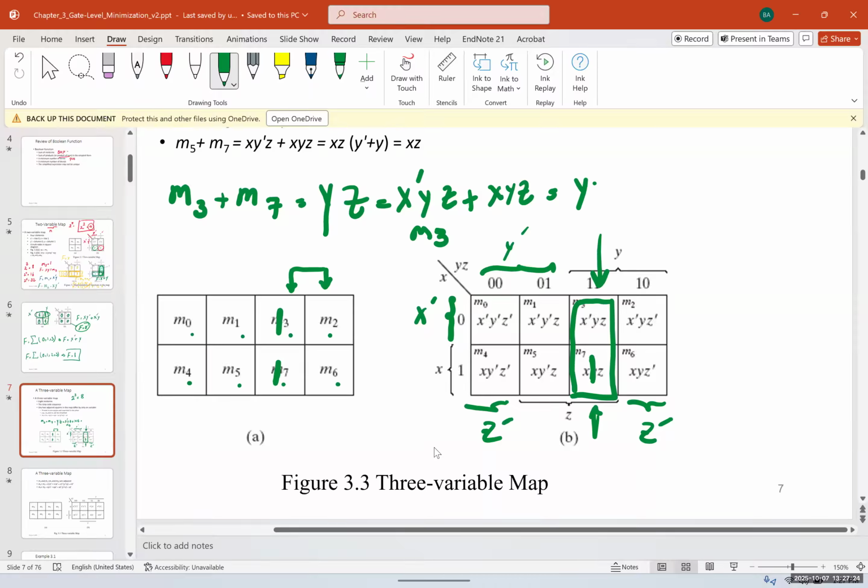It's going to be Y Z times (X prime plus X). X prime plus X is equal to 1, and Y Z multiplied by 1 is going to be equal to Y Z.